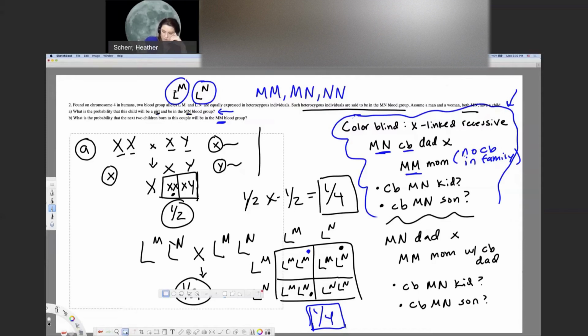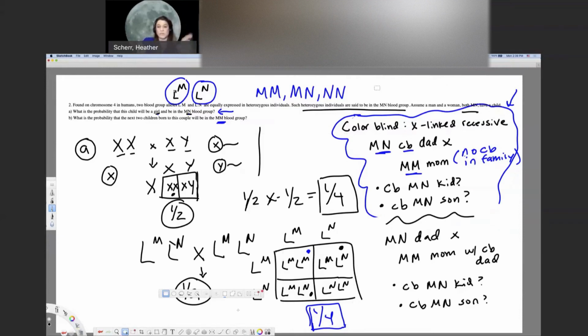I have a question on the first one we did on this page. It asked for the next two children, so would you multiply 1/4 by 1/4 or add them? So if I said, what's the probability that they have 3 children, and all 3 of their children are girls with MN, then you multiply a fourth, a fourth, a fourth, because I'm asking you what's the probability of all 3.